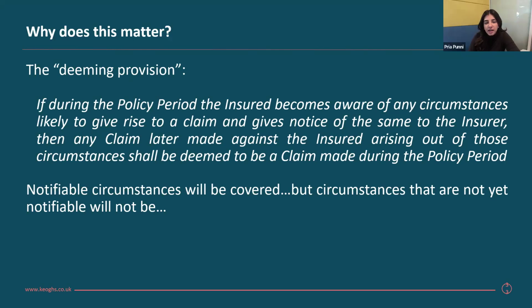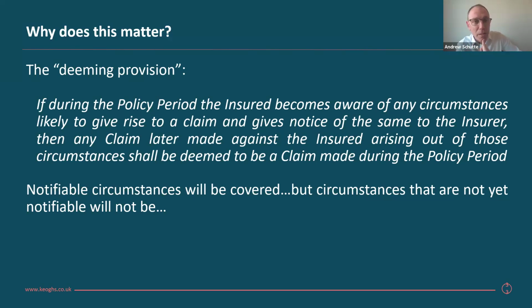Andrew, we've just had a question come in. So does the claim have to be communicated to the actual insurer, or is there any agency at play, for example, the insurer's legal representative, the insurance broker, or the lead insurer, where the insurer is a follow? Well, that's a very good question.